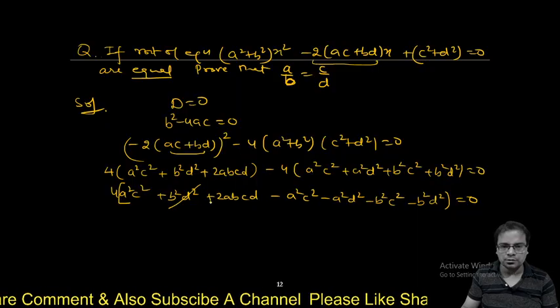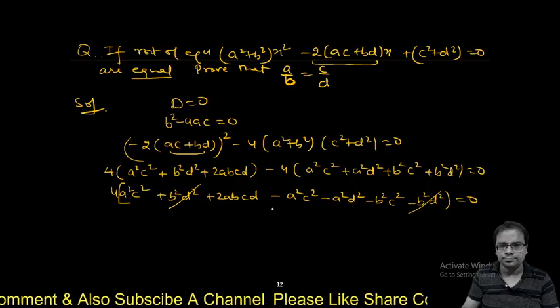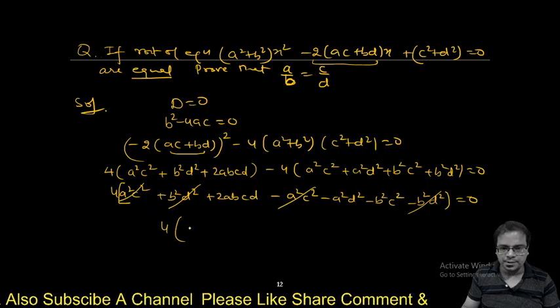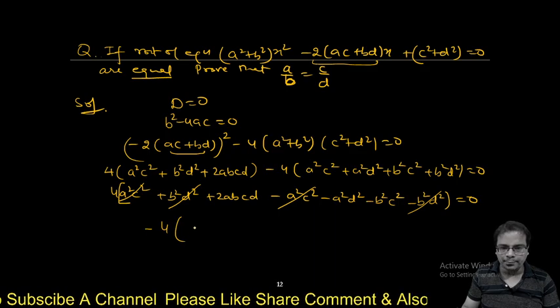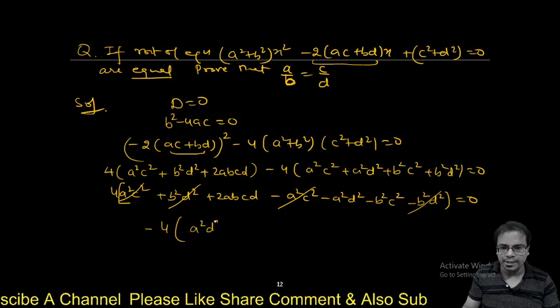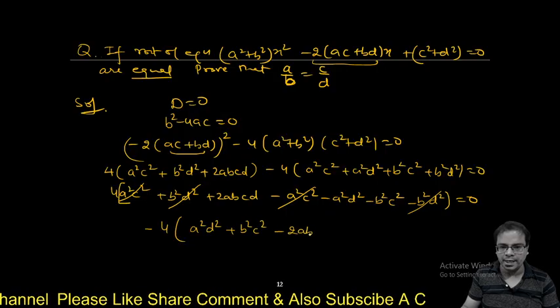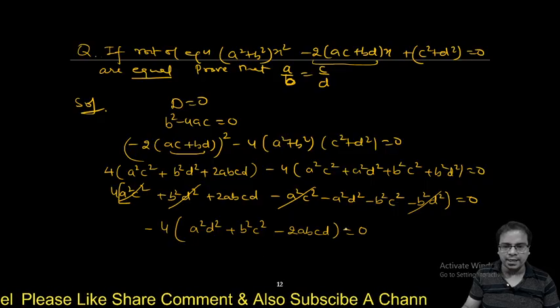Now what is cancelled? b square d square is cancelled, a square c square is cancelled, 4 is here. The expression will be, taking the minus sign common, a square d square plus b square c square minus twice abcd, that is equal to 0.